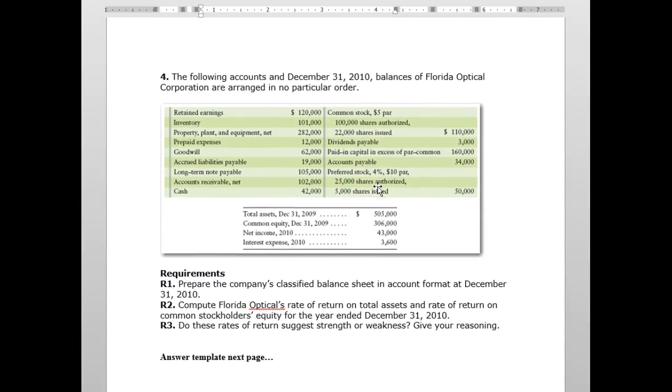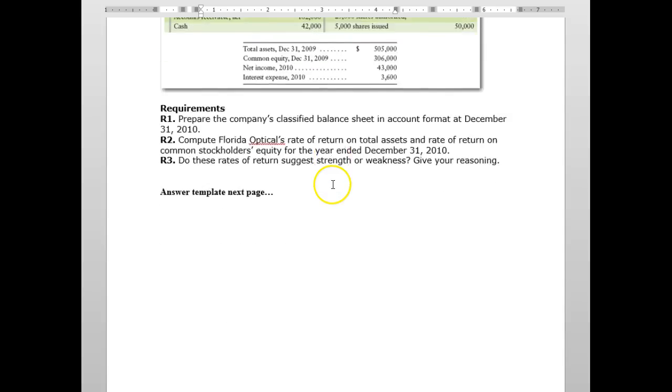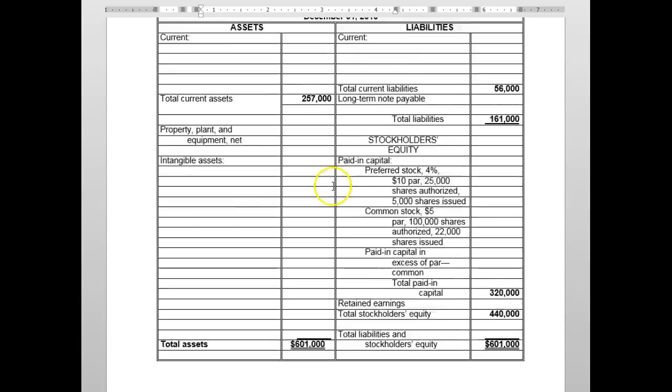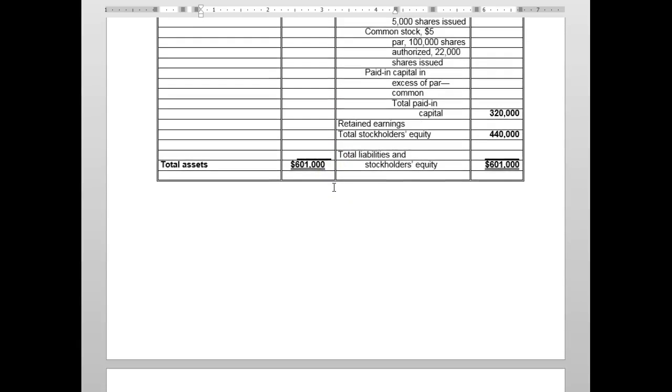Now this one, we're going to create a balance sheet. And a balance sheet is really a lot of fun, especially this kind, because we don't really have to calculate the numbers. All we have to do is what I call a plug and chug. I actually give you a template down here to help you.